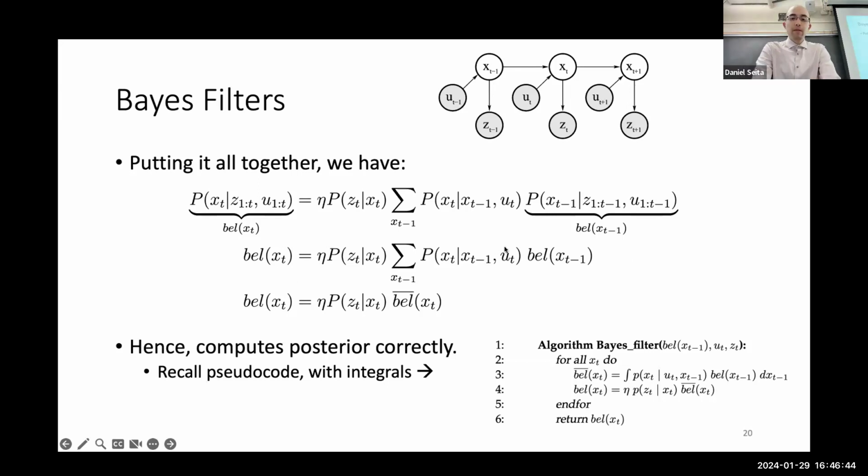So to get the environment at the current time step, we consider all the possible values the state could have been at the prior time step, weighted by the probability that it went from that state to the current state.